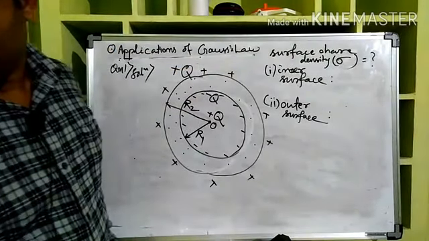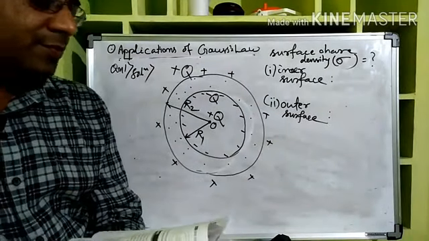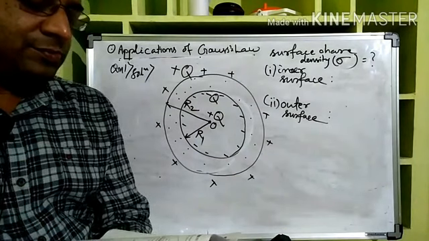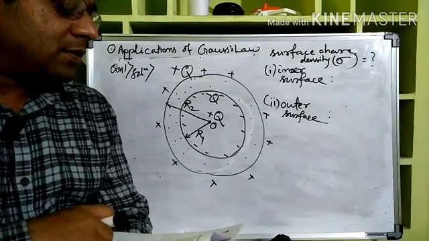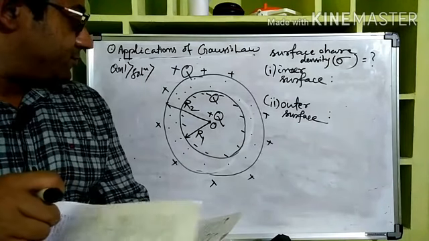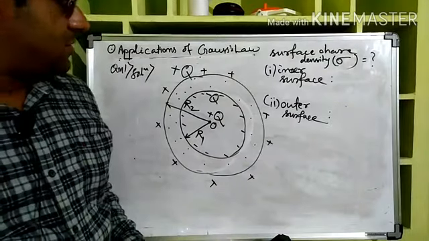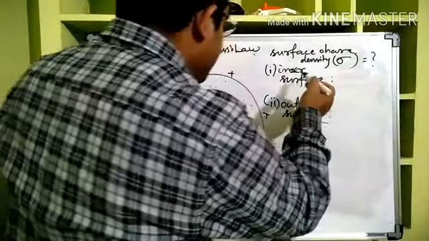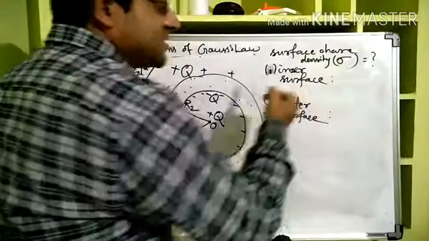Now the surface charge density sigma for the inner surface. What is the meaning of surface charge density?